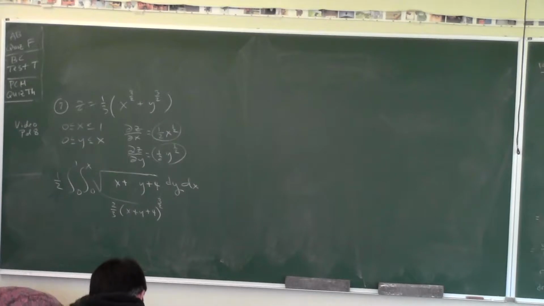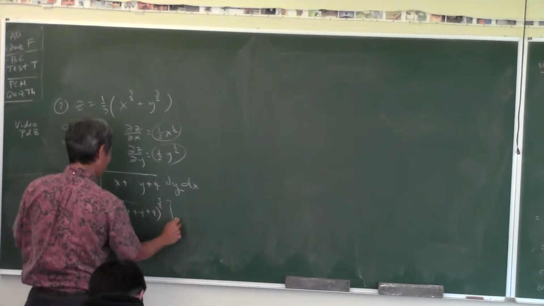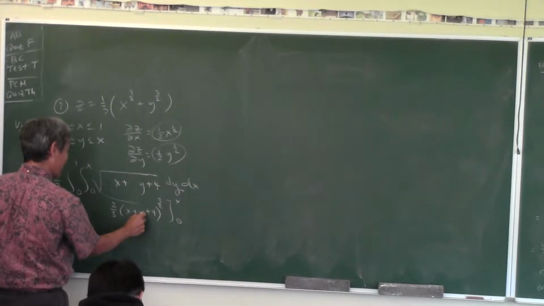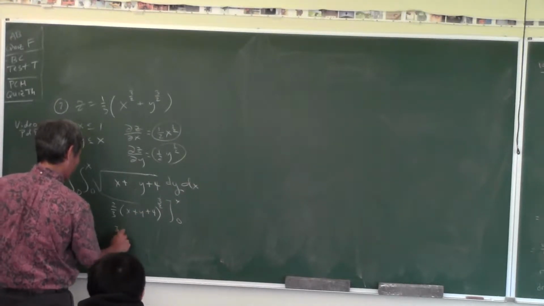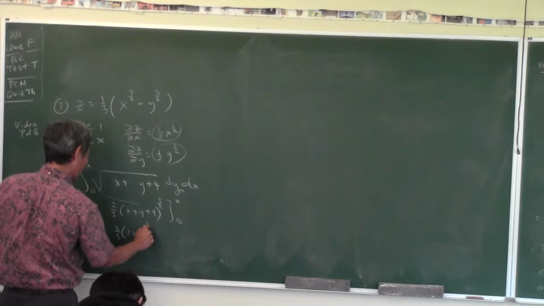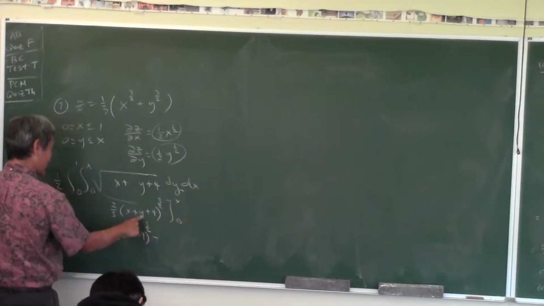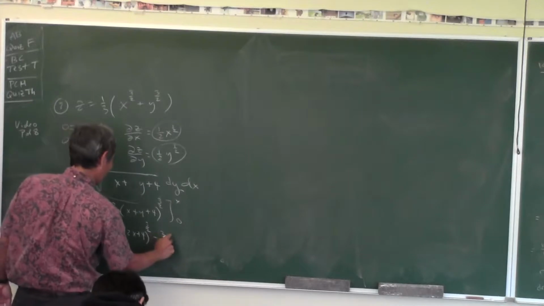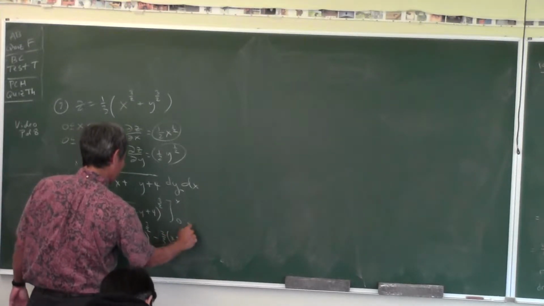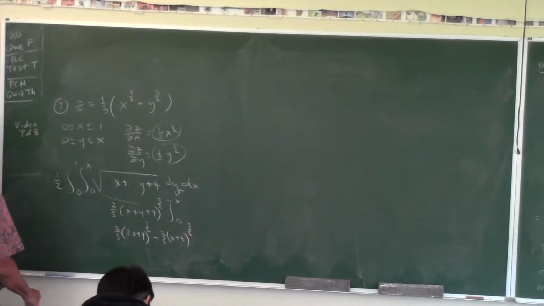And then you integrate from 0 to x. If you plug in x for y, you get 2/3 times 2x plus 4 to the 3 halves power, minus, if you plug in 0 for y, 2/3 times x plus 4 to the 3 halves. Did I do that right? Yeah.